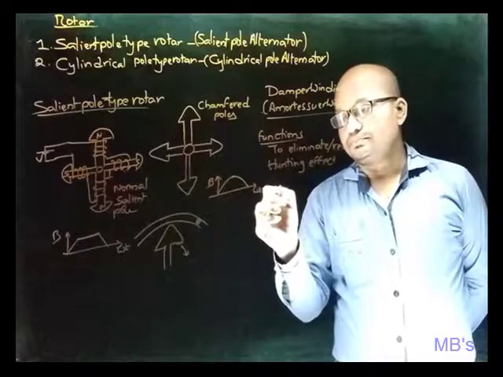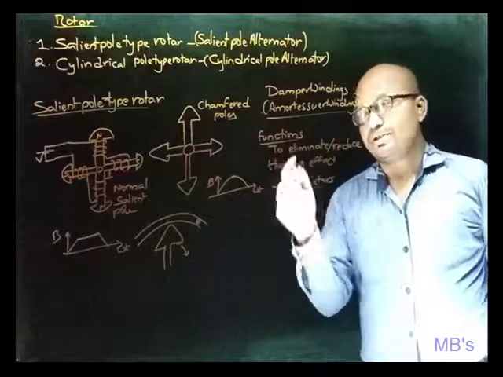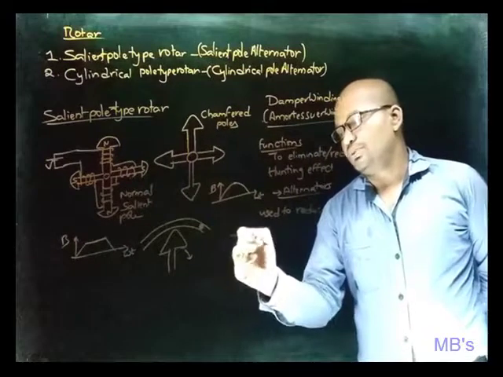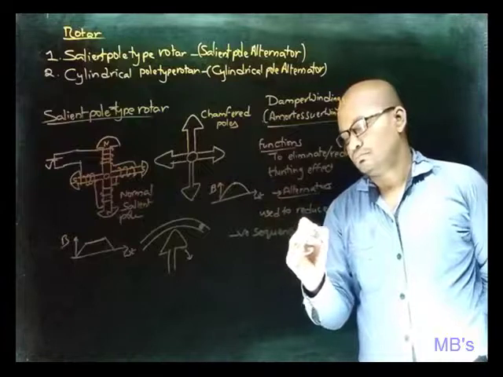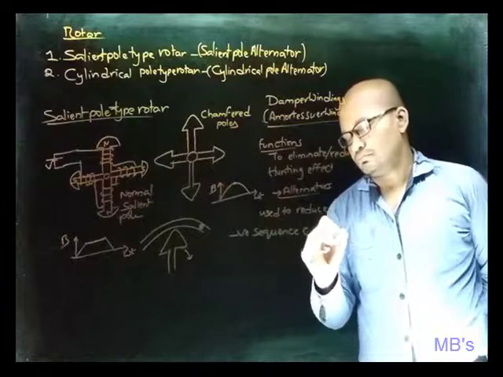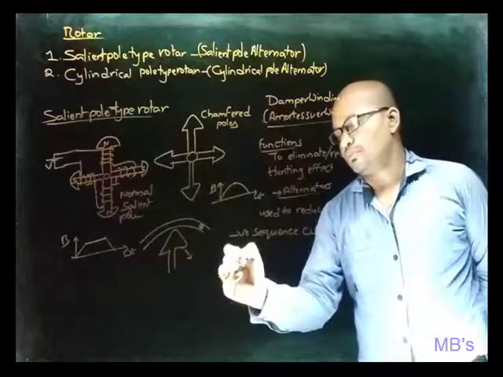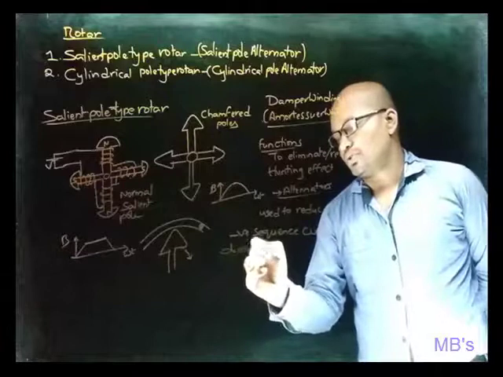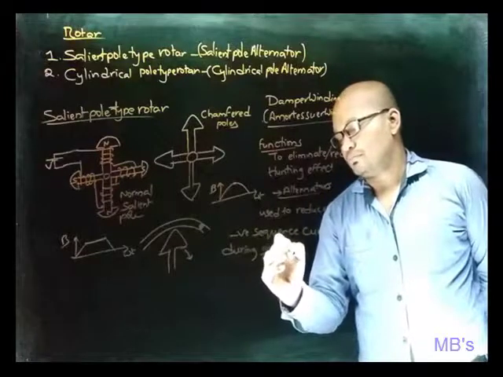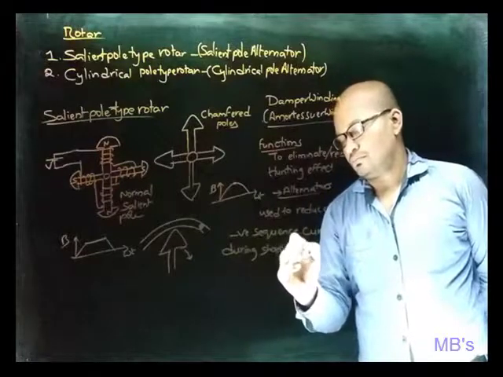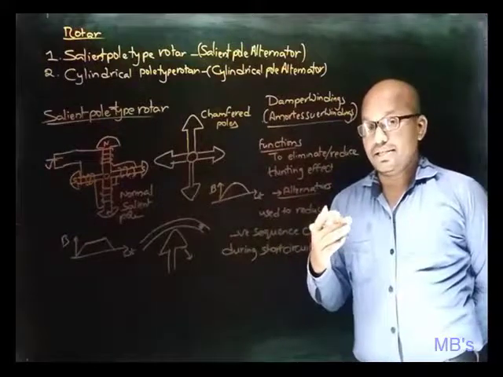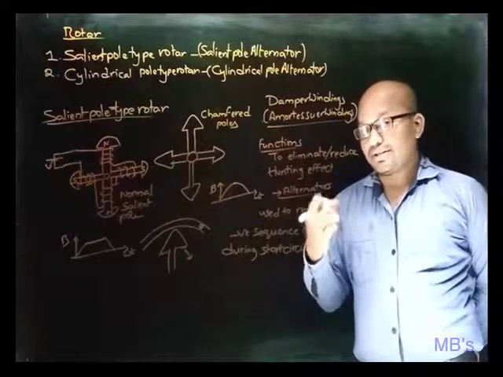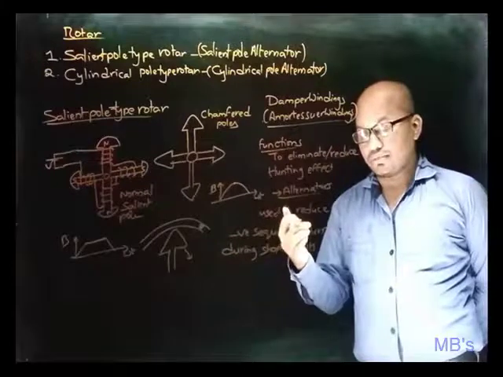And in the case of alternators, damper windings are also provided because of negative sequence currents during short circuits. If there is any short circuit, then there is a chance of negative sequence currents being induced in the rotor.